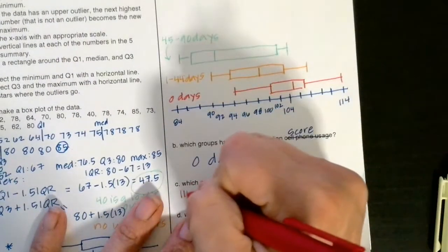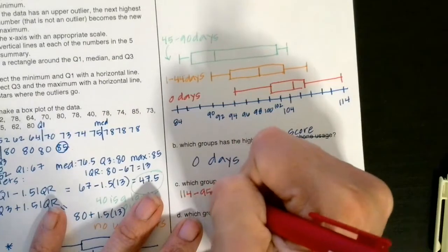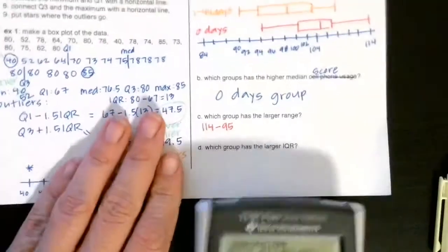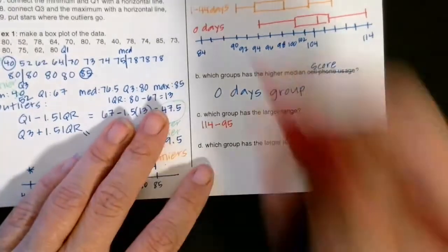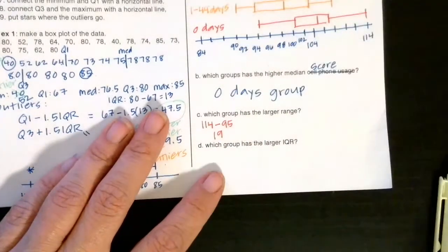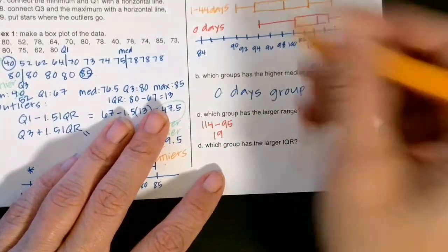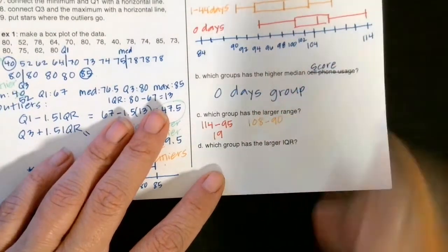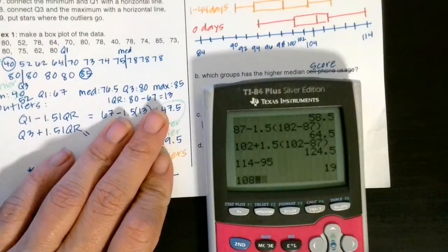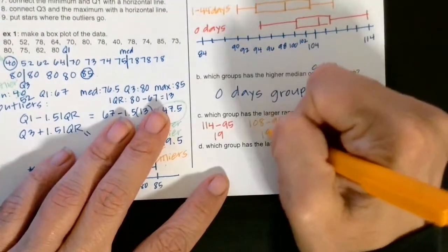The red group is 114 minus 95, which is 19. The orange group is going to be 108 minus 90, which is 18. Ooh, that's really close.